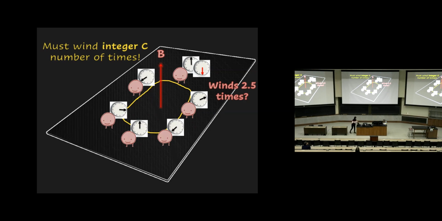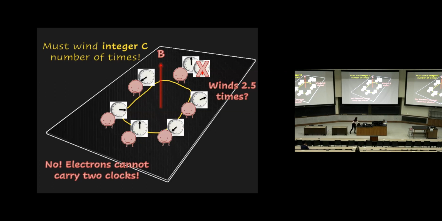The answer is no. And the reason is very simple. It's really just because electrons cannot carry two clocks. You're only allowed to carry one. So when you go back to the same position, you cannot force this guy to carry two clocks. It's going back, and so it has to carry the same clock. So 0 times is fine, but it can only be integer times.